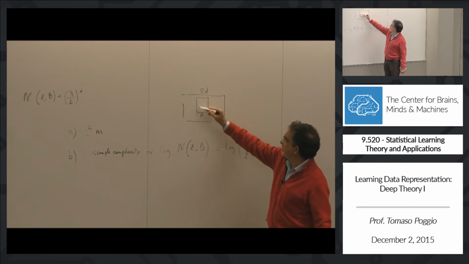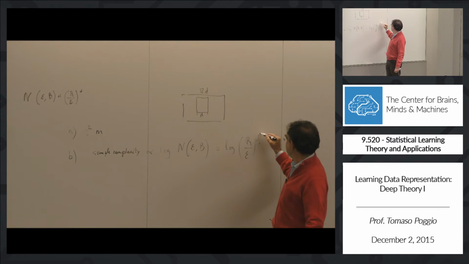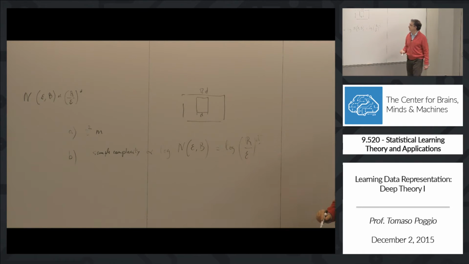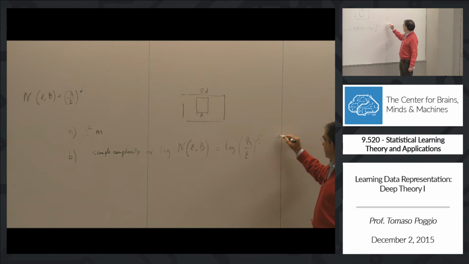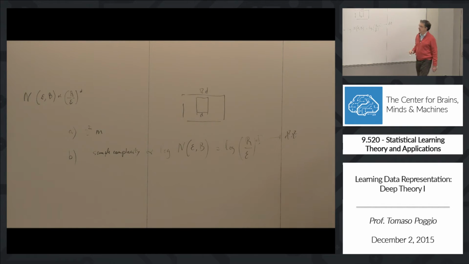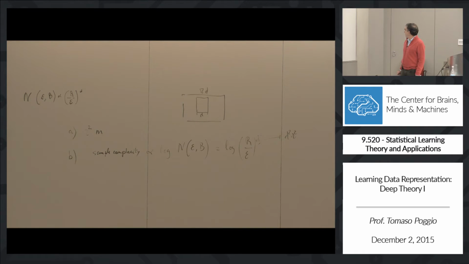The dimensionality of this original space is d square pixels. And in the case of the bigger space, will become this square. So again, the ratio between the two is what I gain by having an invariant representation.